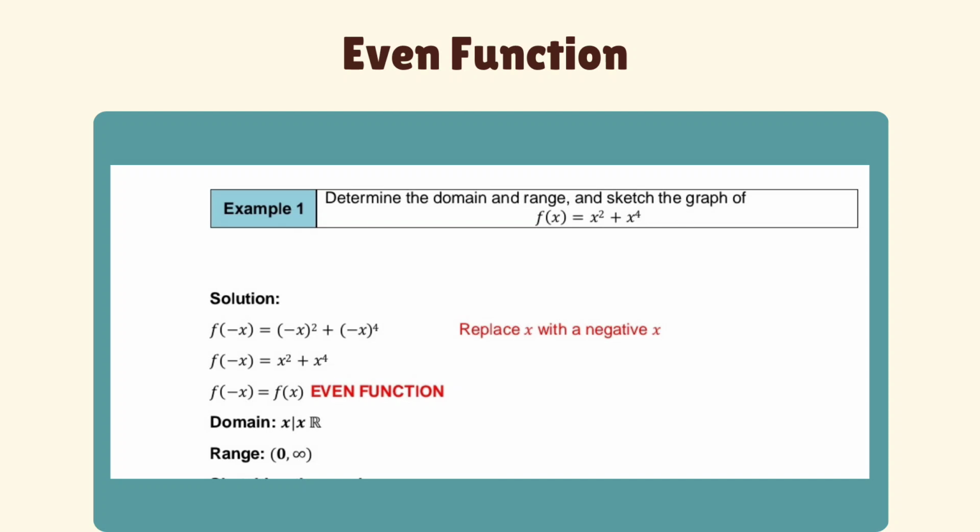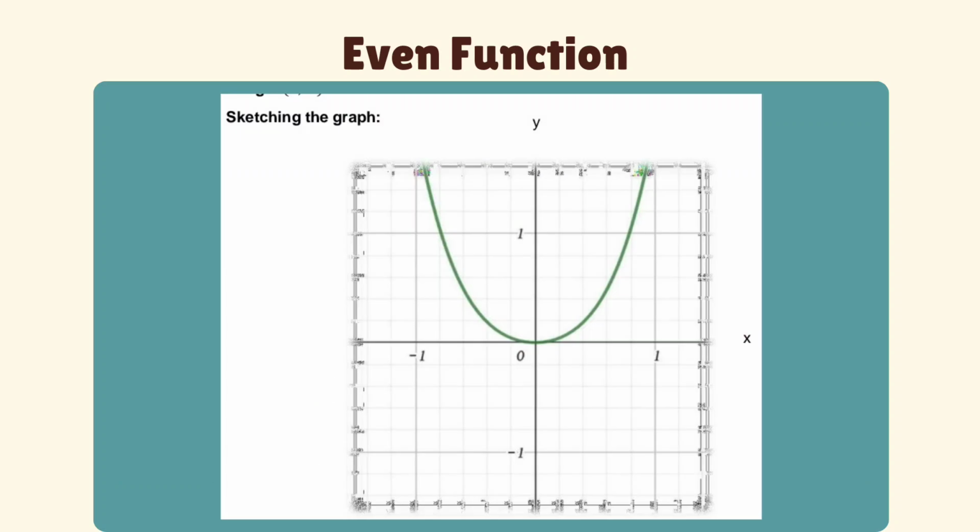Therefore, it is an even function. The domain of this function is x such that x is a real number, and the range is [0, infinity). So this is now the graph of the even function.